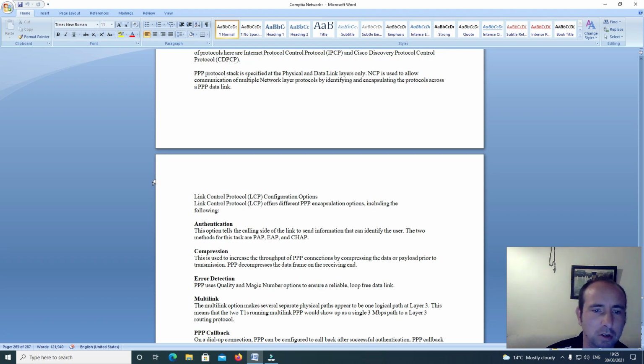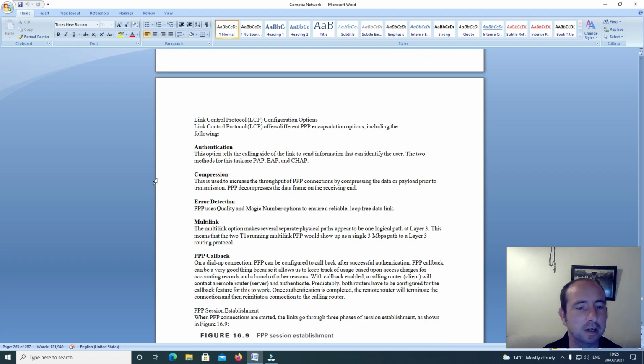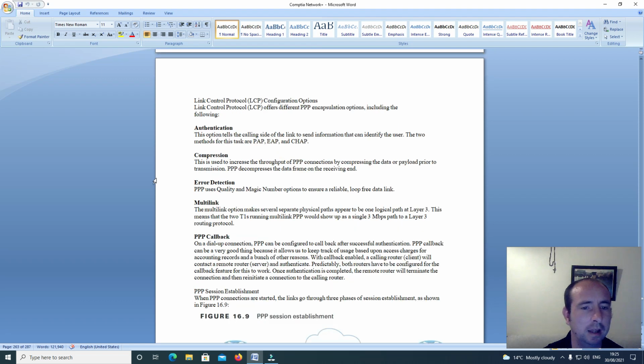The PPP protocol stack is specified at the physical and data link layers only. NCP is used to allow communication of multiple network layer protocols by identifying and encapsulating the protocols across a PPP data link. Link Control Protocol, LCP, configuration options.